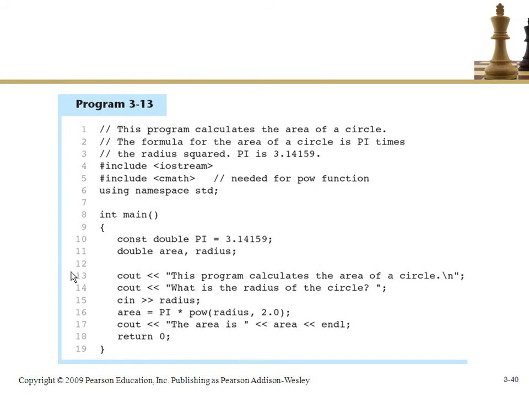Basically, this pow function will take the first parameter, radius, and raise it to the second power and return one result, which is of type double. The result is multiplied by pi and stored in area. And finally, line 17 will output that number.